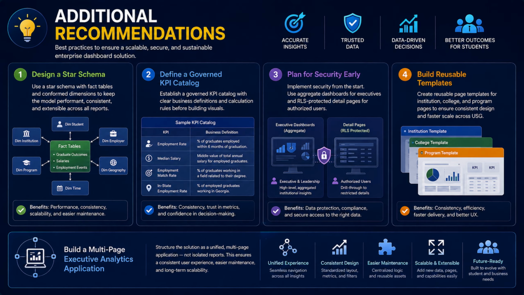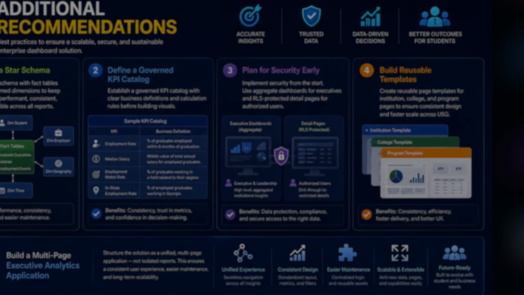Behind all of this, we would use a well-designed star schema, a governed KPI catalog, security designed from the beginning, and reusable page templates. These specifically keep the solution performant, consistent, secure, and extensible.